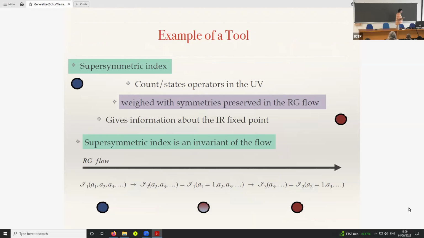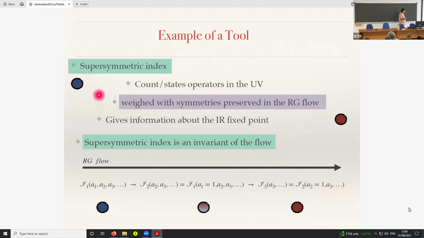Again, this is something which in this audience is very well known, but I will emphasize certain things that we take for granted. This will be important for what I'm going to say. So an example of a tool is what is called a supersymmetric index. A supersymmetric index is just a Witten index, which has exactly the properties that I advertised.